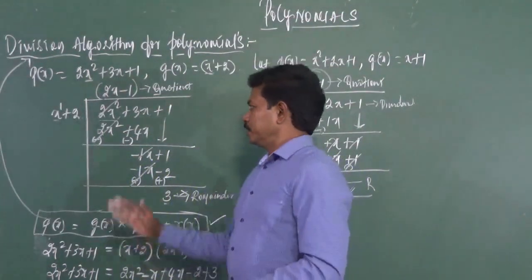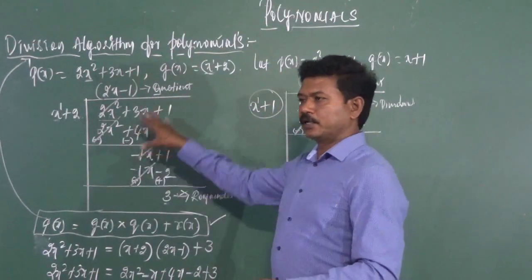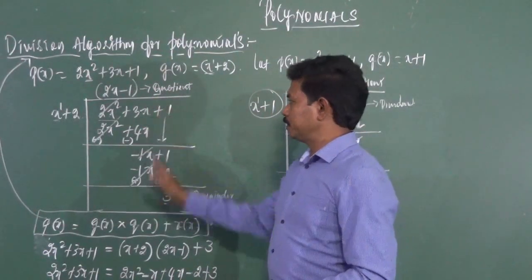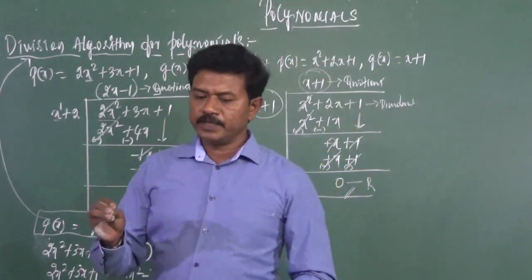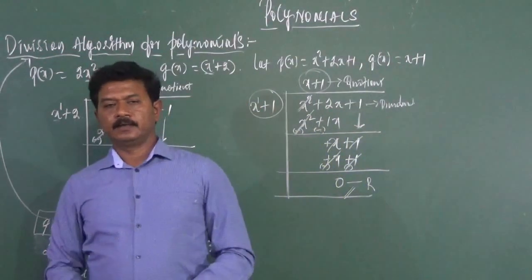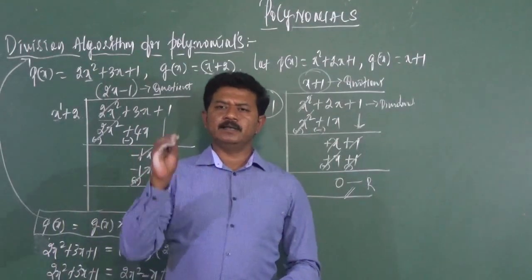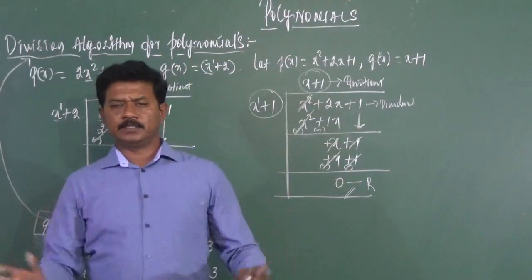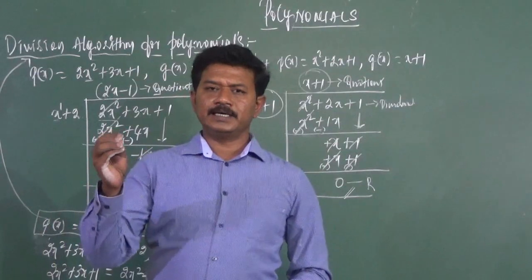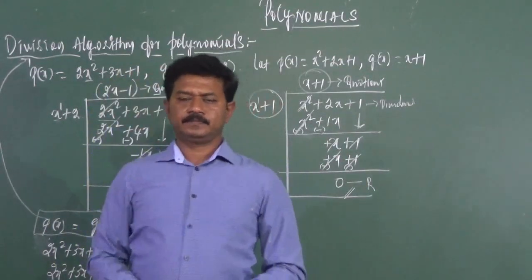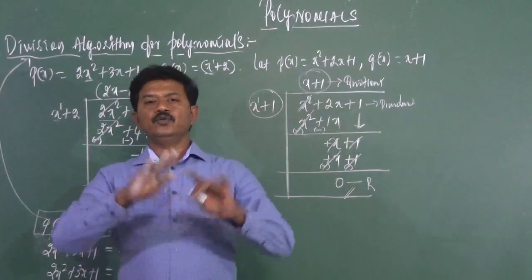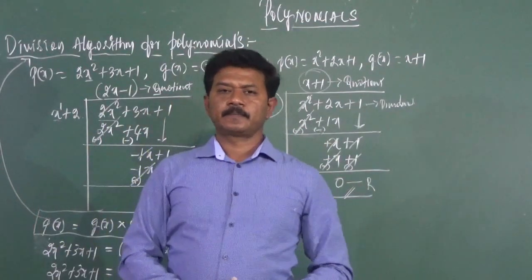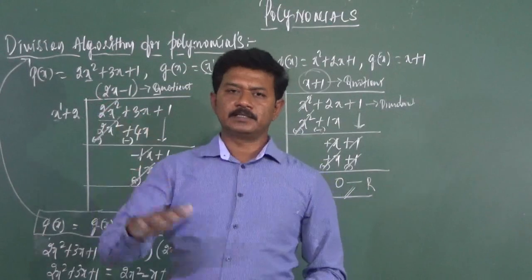If I do the long division process by taking those 2 polynomials, at last I get the remainder. Don't we have any simple method to directly find the remainder without doing actual division using these 2 polynomials?